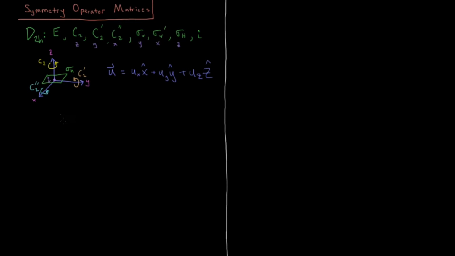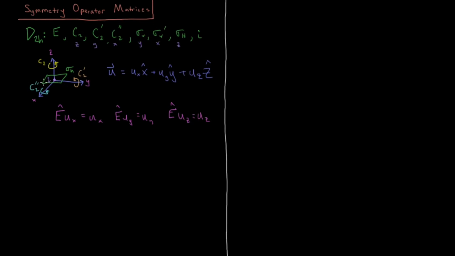For example, the identity operator E acting on ux equals ux, it leaves it unchanged. E acting on uy equals uy, and E acting on uz equals uz. That all seems simple enough. The identity element just leaves things unchanged.